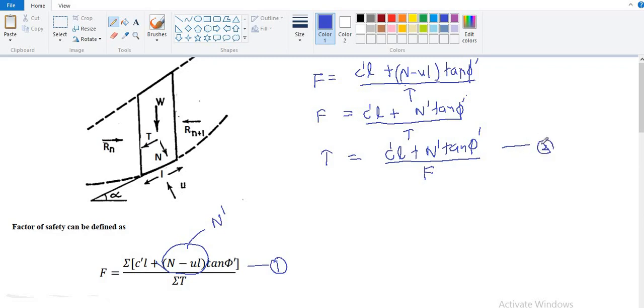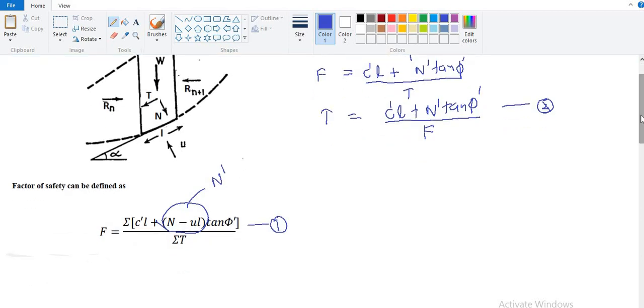On the other hand, we know this N dash is equal to N minus UL. Therefore N is N dash plus UL.